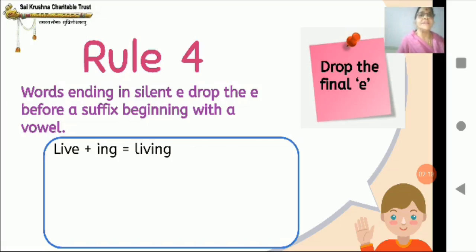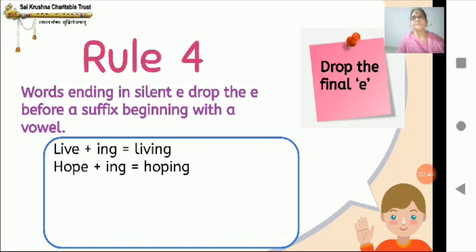I-N-G. What does the suffix begin with? A vowel. So, when the silent E is at the end of the word, and you add a suffix like ing, you drop the E and only continue with the ing. So, live plus ing becomes living.